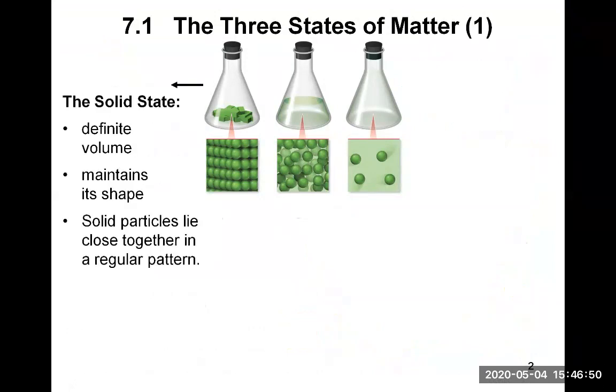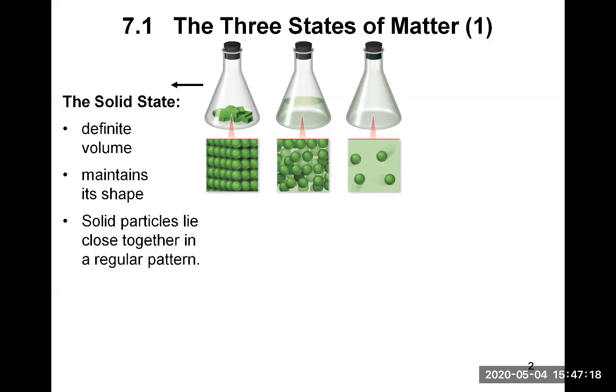On the left, we have the solid state illustrated. The properties of the solid state are a definite volume. You cannot compress or expand the volume of a solid. Solids maintain their shape. And the reason why it's like that is because solid particles lie close together in a regular pattern.